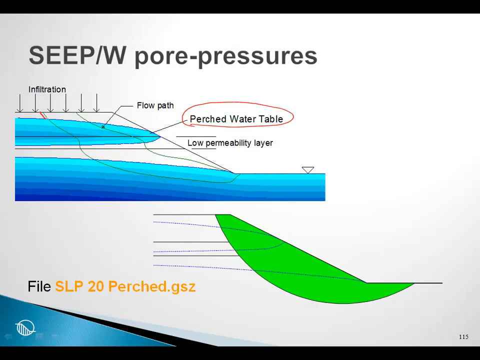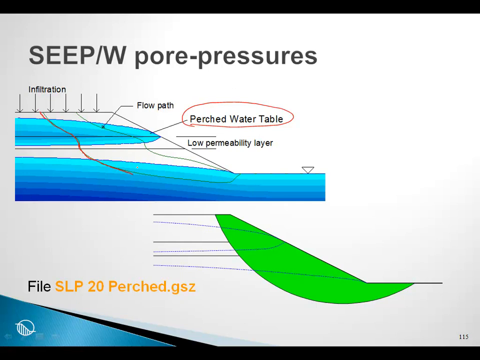Infiltration is in an unsaturated zone, then it goes through a saturated zone, then it is in an unsaturated zone, and then it goes back in a saturated zone. In other words, the pore pressure is negative, then it's positive, then it's negative, then it is positive. In a case like this, it is impossible to describe the pore water pressure conditions with a piezometric line, and this is where the use of SEEP/W computed pore pressures in SLOPE/W really begins to shine.